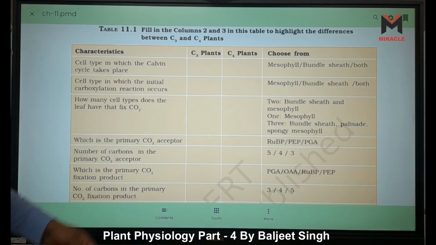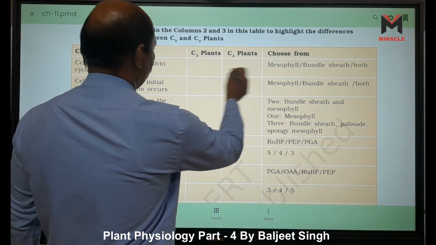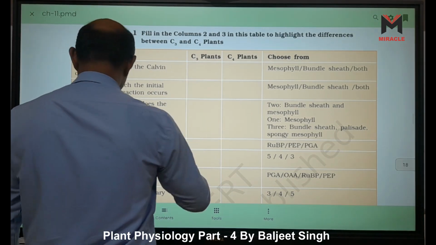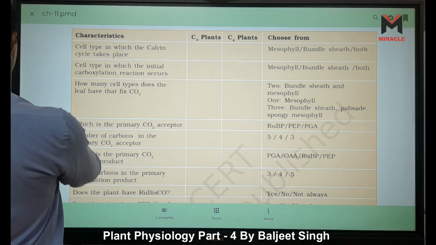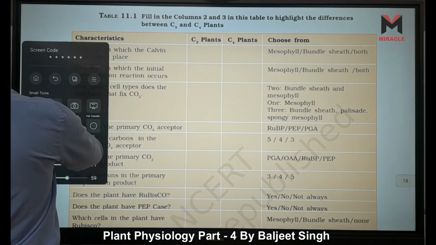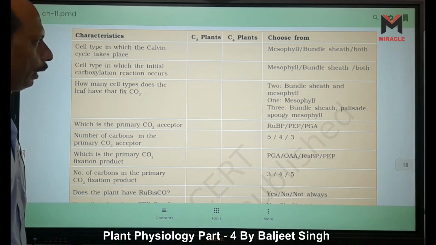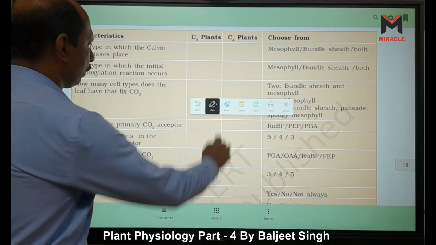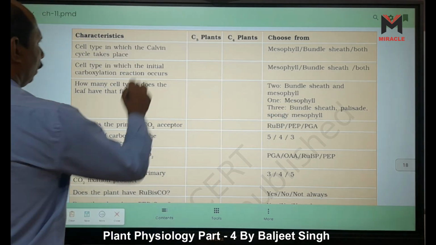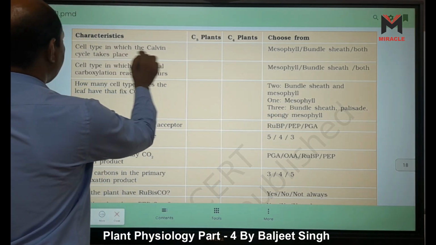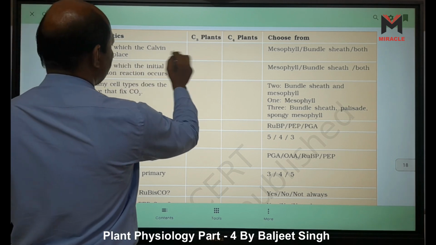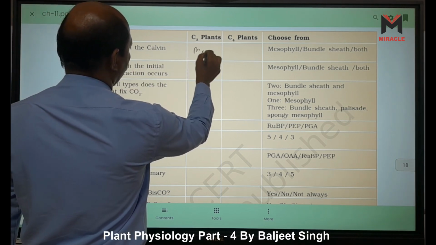Cell type in which the Calvin cycle takes place. We know in C3 plant, which one? Mesophyll. And in C4 plant, what? Bundle sheath. In C3 plant, this Calvin cycle takes place in mesophyll, right?